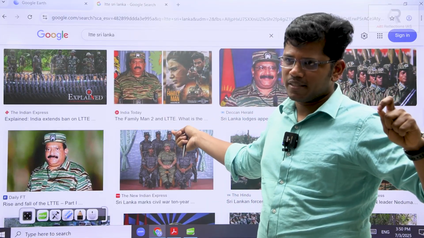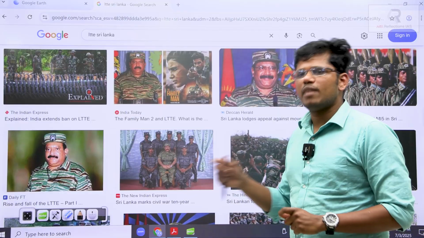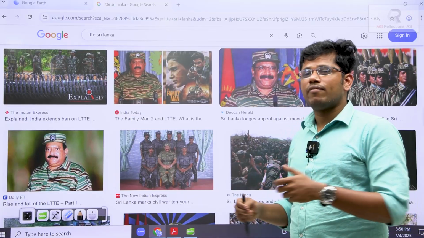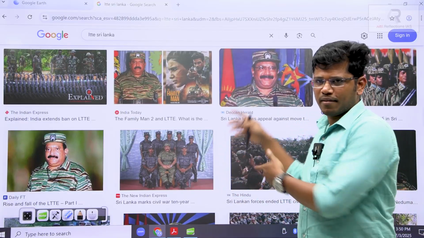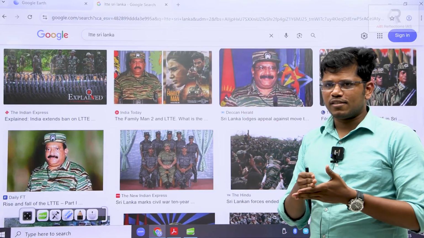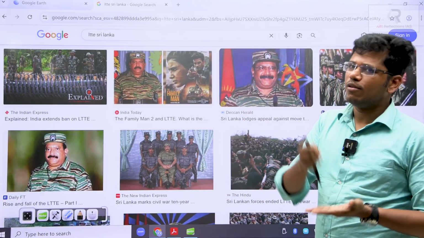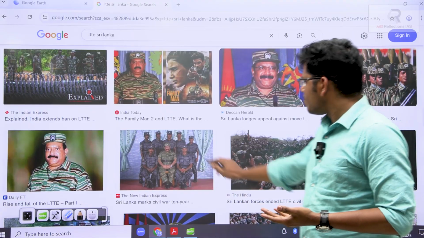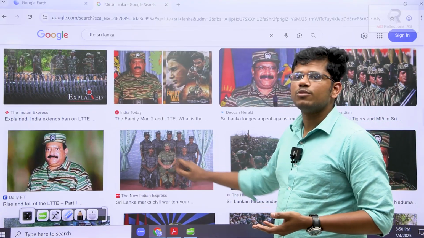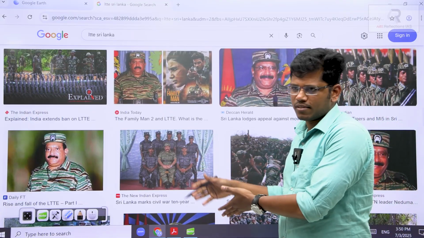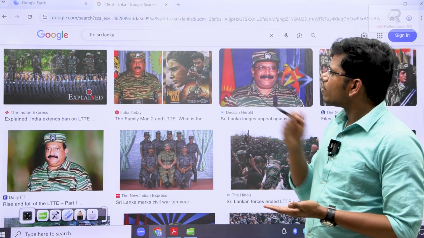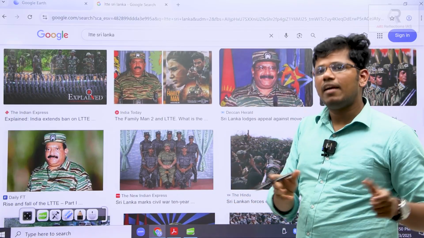Cyanide capsules, suicide bombings, proper modern military warfare, they are the origins. They have their own navy, their own air force, and the Black Tigers, who are official suicide bombers. By hook or crook, they want to achieve this Tamil Eelam dream.